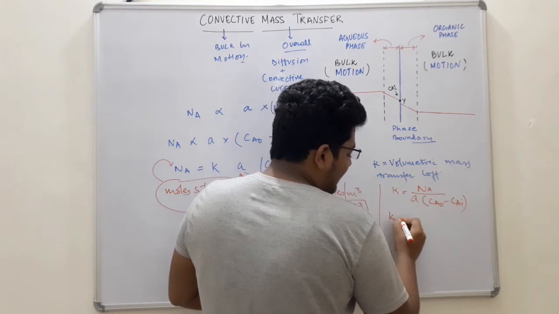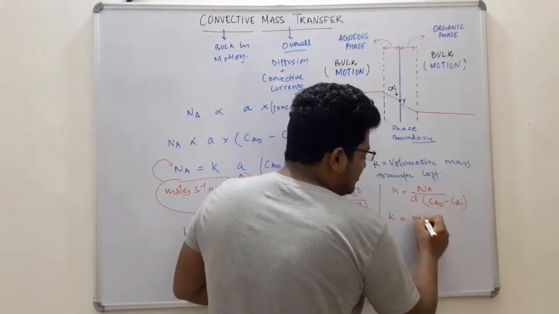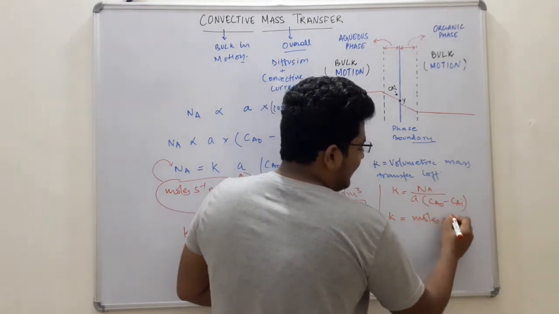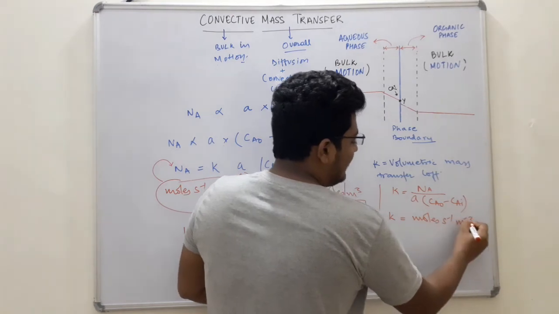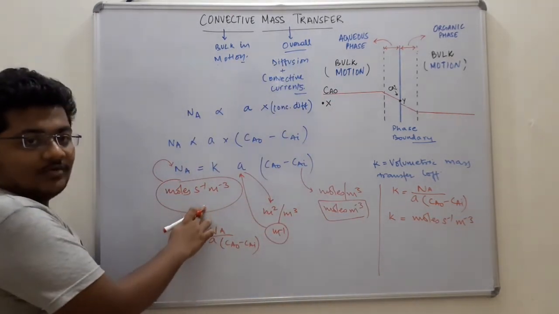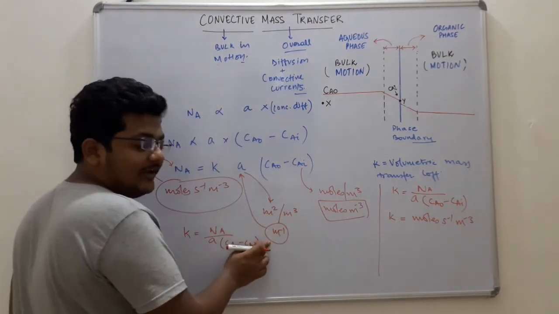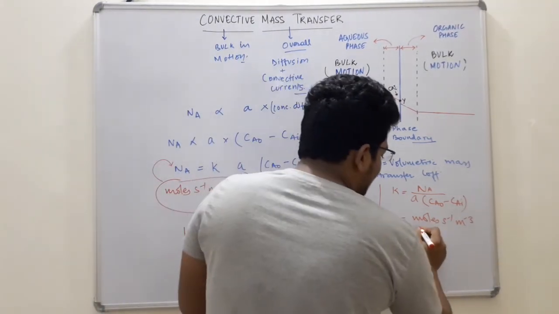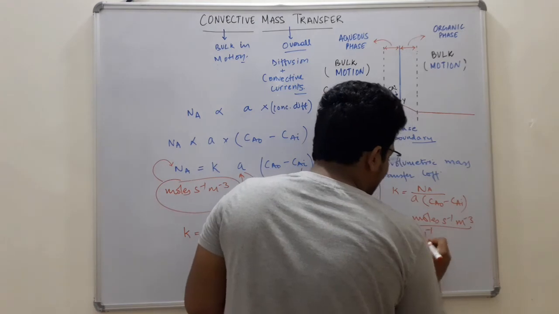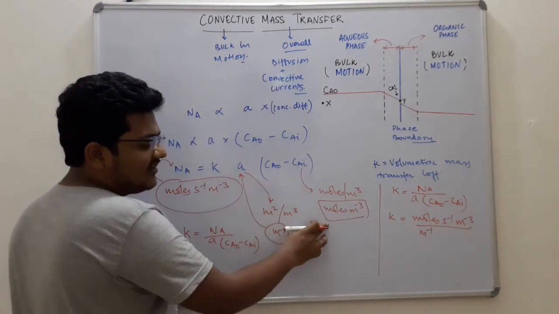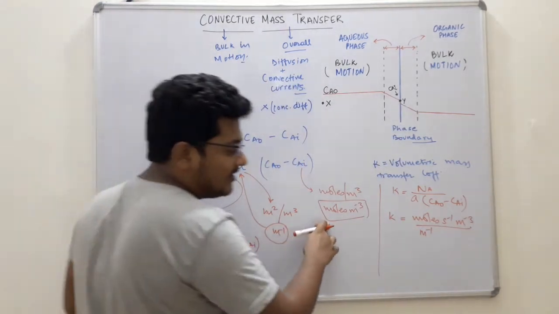So K is equal to NA divided by A multiplied by Ca0 minus Cai. NA is going to be moles per second per meter cube. A, which is specific area, is going to be m to the power minus 1. For concentration difference, the unit is going to be moles per meter cube.